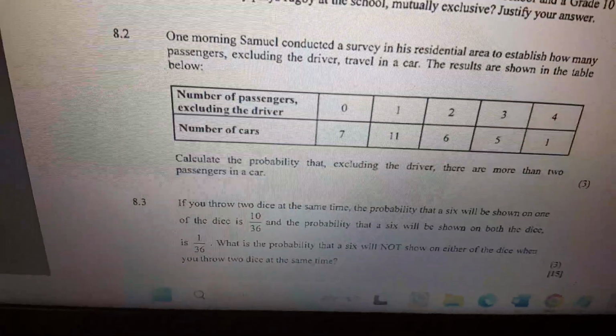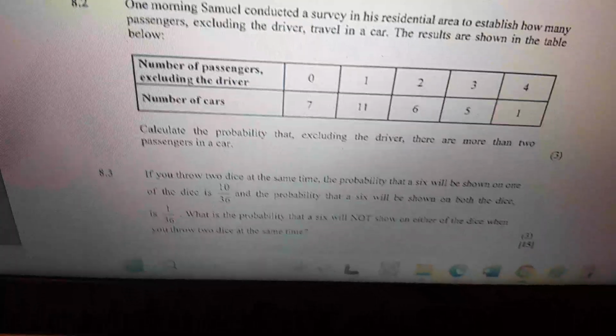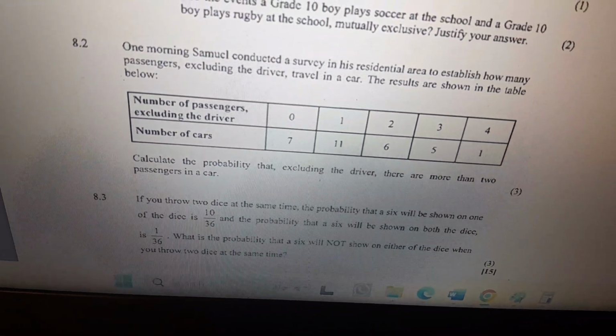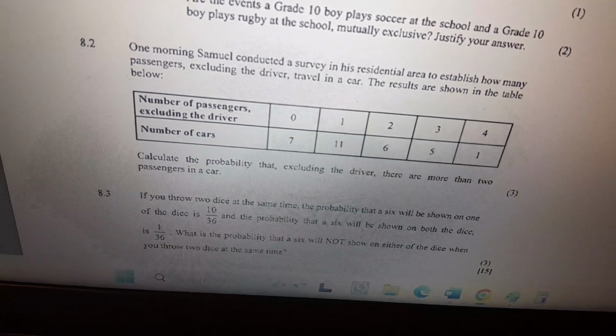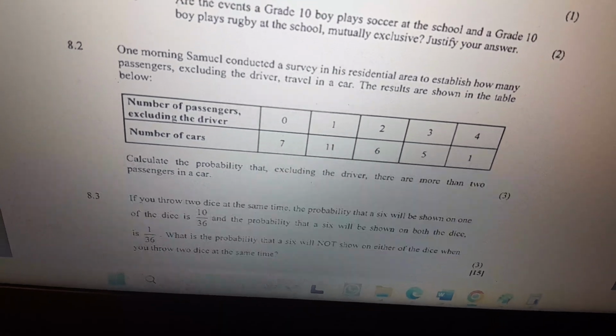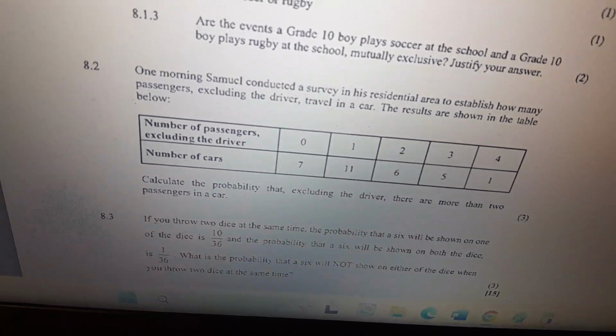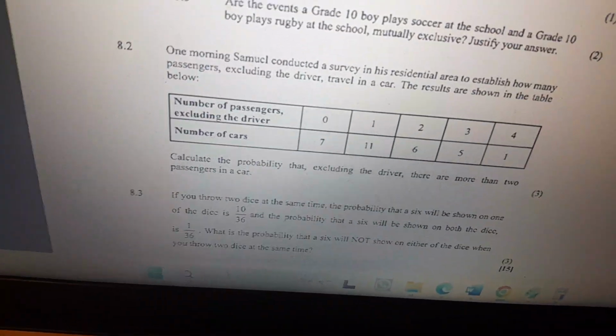Now, going to the last question. If you throw 2 dice at the same time, the probability that a 6 and not a 6 will be shown is 10 out of 36, and the probability of getting a 6 on both dice is 1 out of 36.